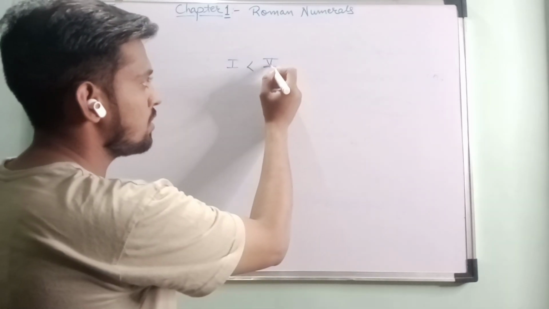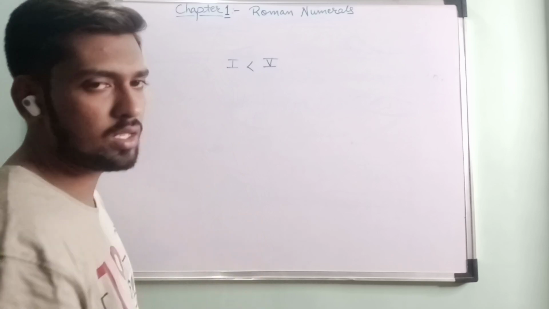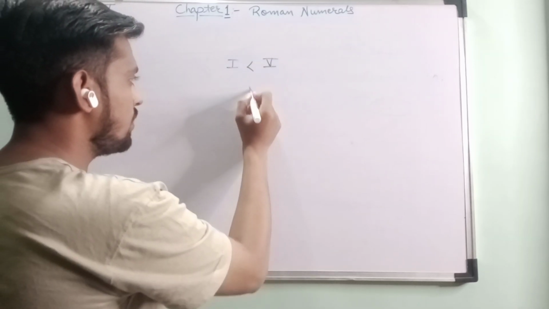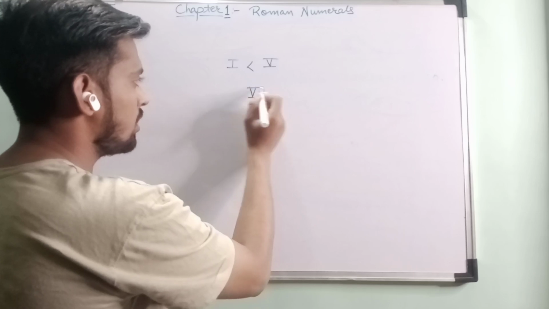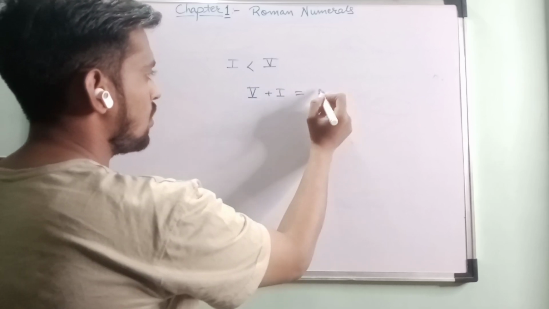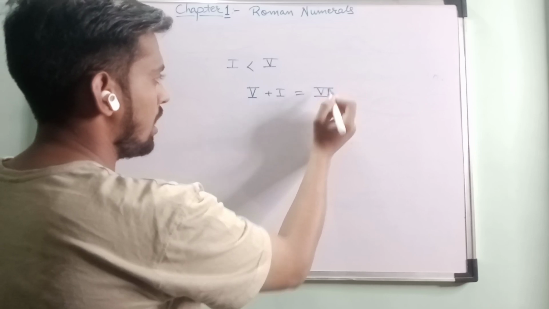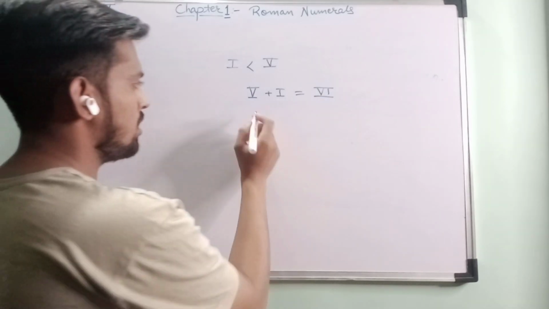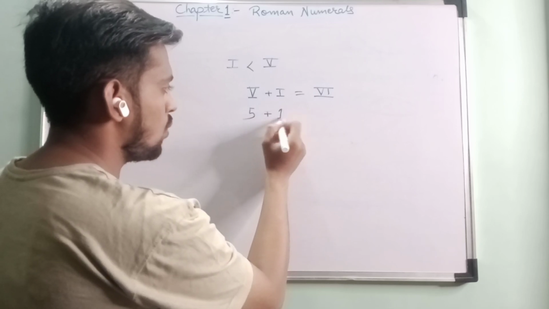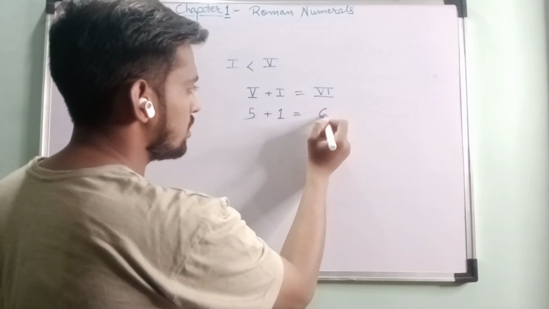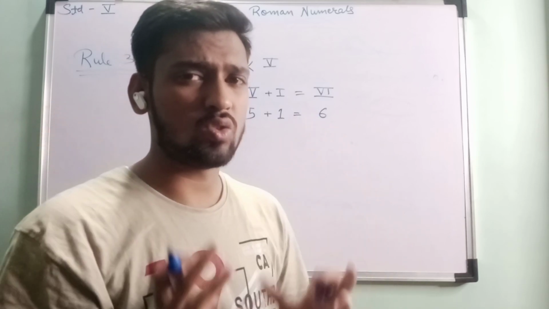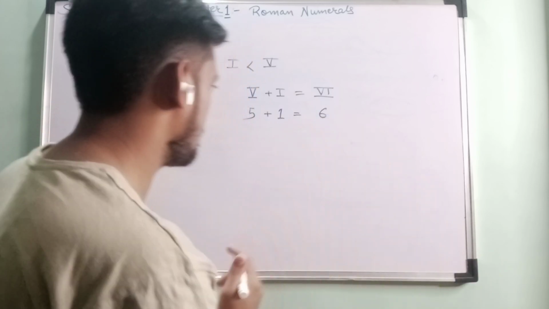V means 5. 5 is greater than 1. If you write 1 on the right side of the 5, then the value should be added. It means V and I. Simply, this is called 5 and this is called 1. It shows there is 6. It's very simple. Don't be confused by this.